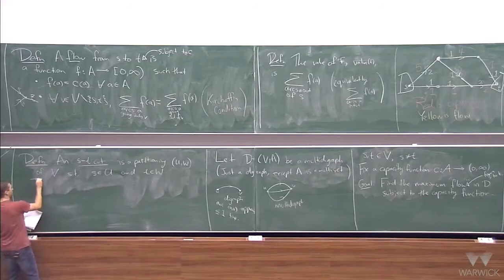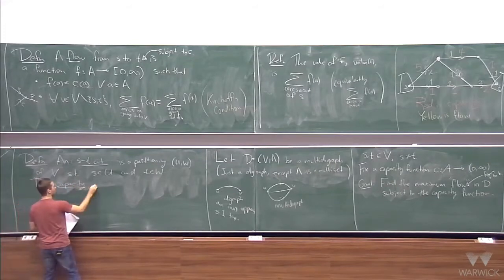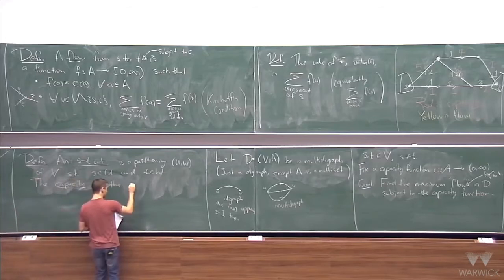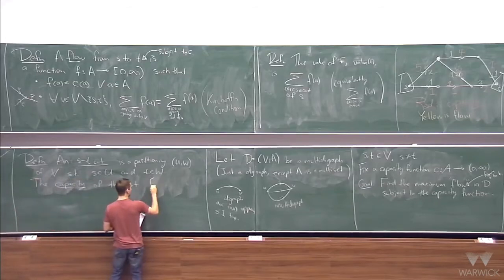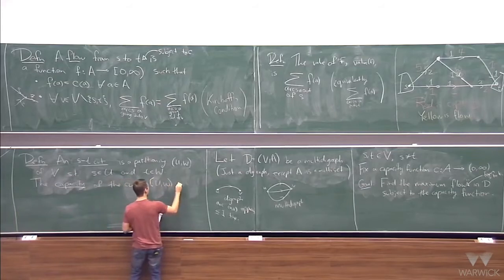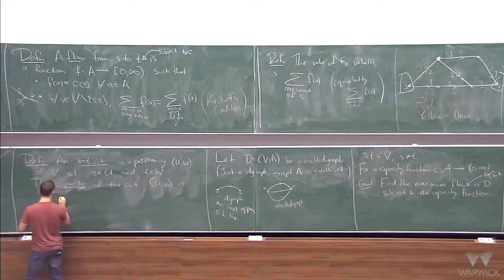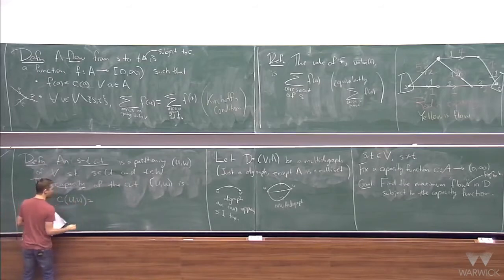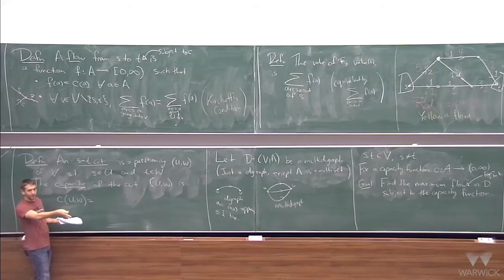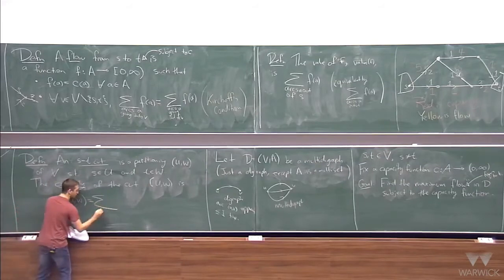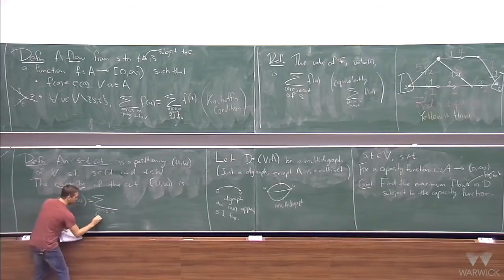And the capacity of the cut U, W, for notation we're going to write C of U, W, is just the sum of the capacities of the edges going across the cut. So the sum over all arcs A from U to W.